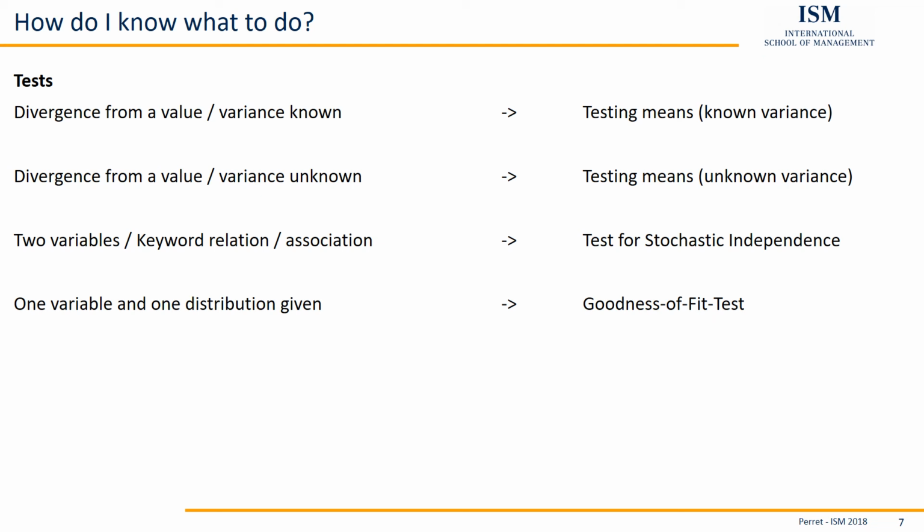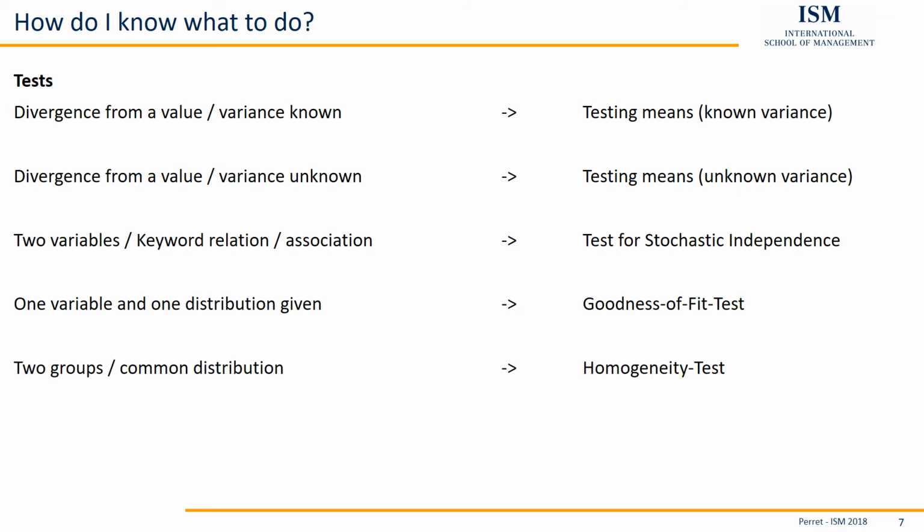And you have a data table. Whereas the test for stochastic independence is based on a contingency table, this here is more or less based on the frequency table and a distribution for each of the different groups or classes. So this is comparing one variable, one sample with a given distribution.